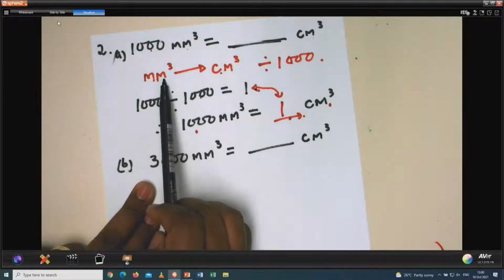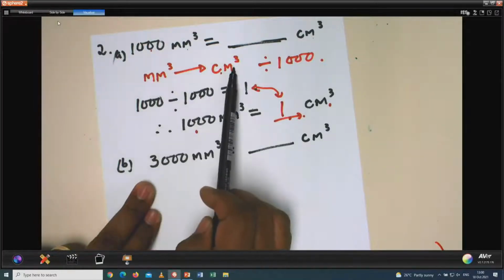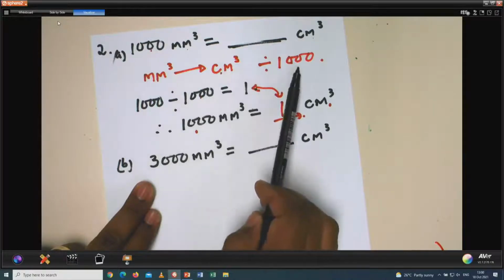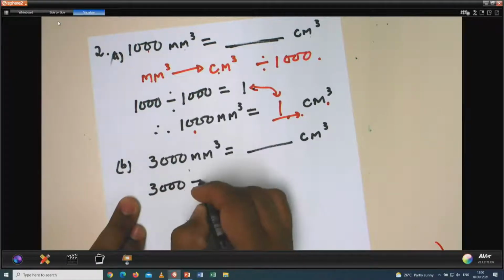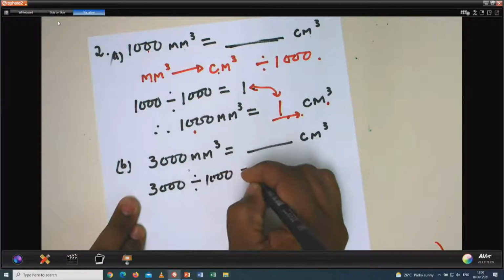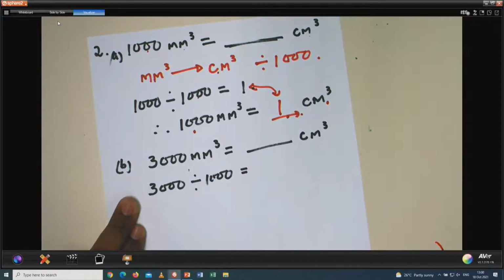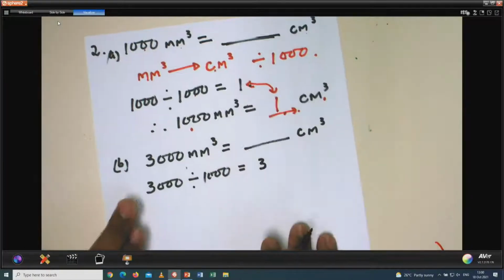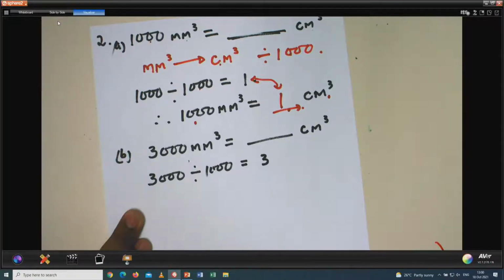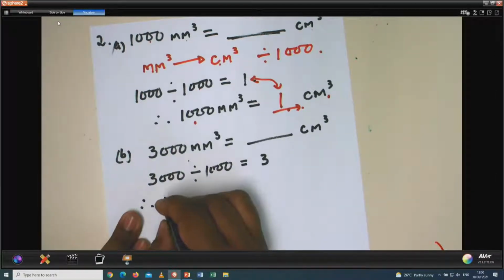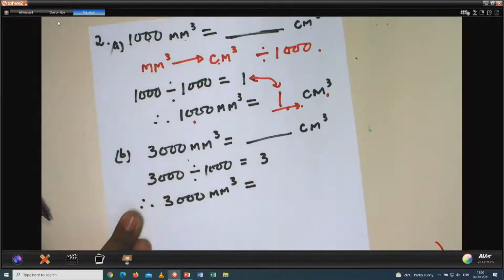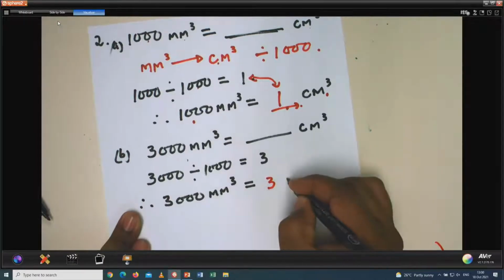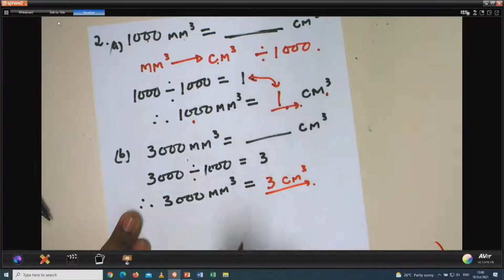Cubic millimeters to cubic centimeters, we divide by 1000. So 3000 divided by 1000. How many thousands are in 3000? There are 3 thousands in 3000. Therefore, 3000 cubic millimeters will be equal to 3 cubic centimeters.